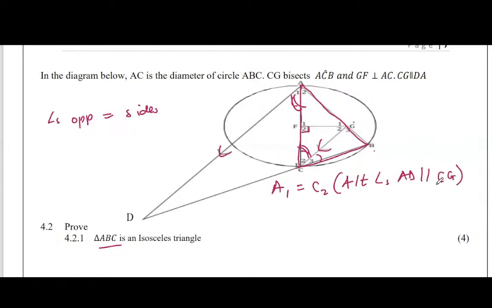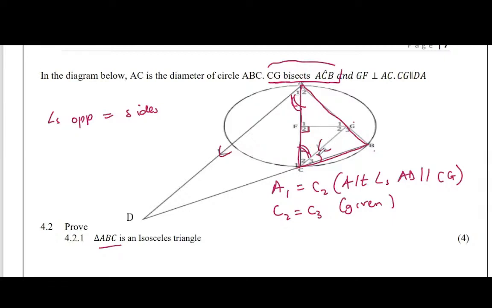Okay, but we know that C2 and C3 are the same. That was given to us in the statement where they talked about bisecting, where they said CG bisects this angle. It means those two angles are equal. So if they are bisecting, our A1 is the same as the C3.